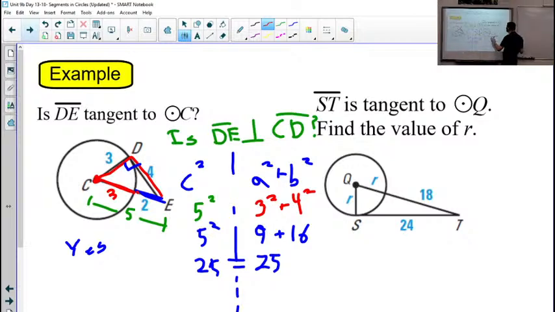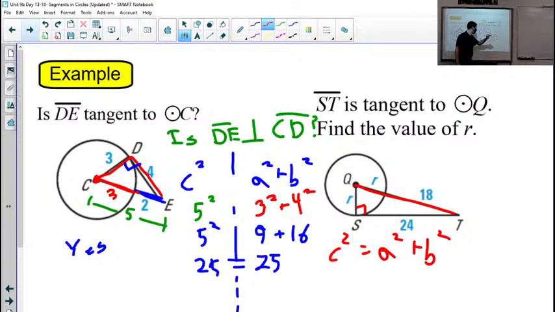ST is tangent to Q. Since we know it's tangent this time, we know it's a right angle, and so we know c squared equals a squared plus b squared. Here's our hypotenuse.